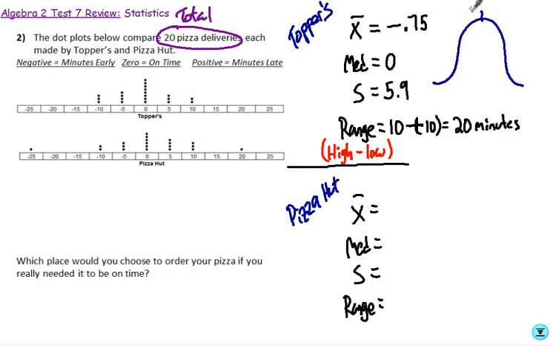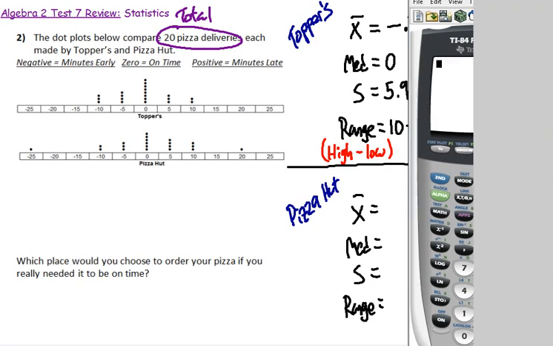So our average would be a negative 0.75, and then we're going to add 5.9, and we're going to subtract 5.9. So if I added 5.9, so I'm going to say plus 5.9, and then I'm going to say minus 5.9. So let me get the calculator, see what that's going to come up to.